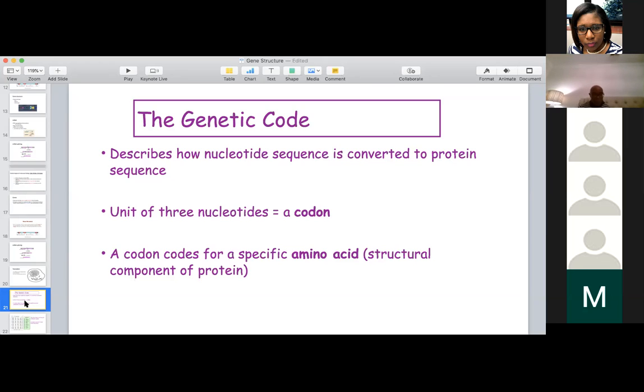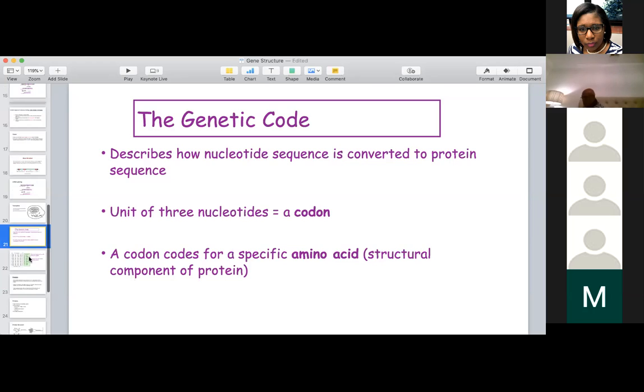And each of those groups of 3 nucleotides codes for a specific amino acid. And it is these amino acids that are going to finally become our polypeptide or protein sequence.